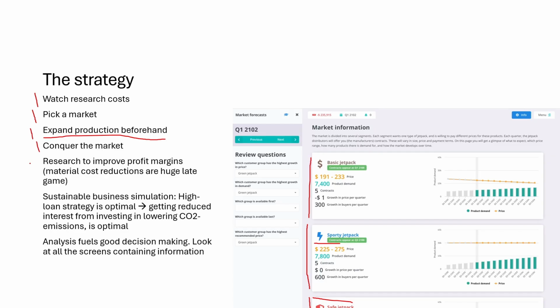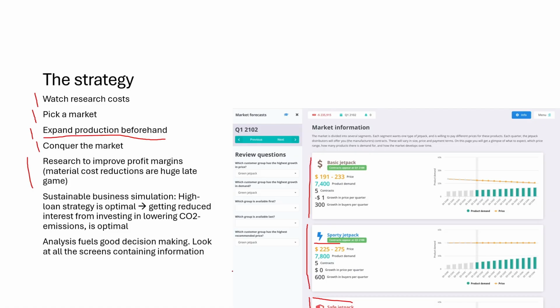What you can do with that profit is to do more research without having to take as much debt, which leads to less interest, which leads to having accumulated more capital at the end of the game.